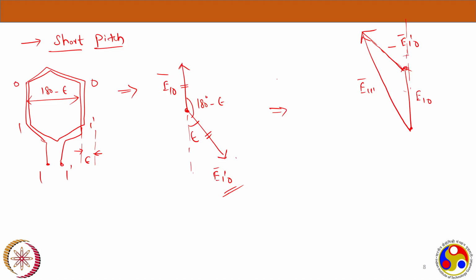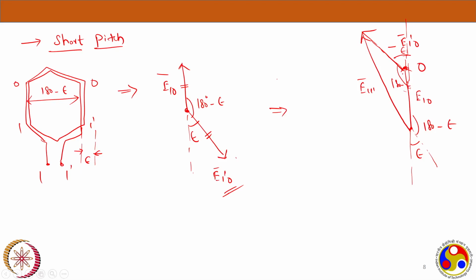So this is the point O, and this is 180 minus epsilon, and this is epsilon. So this will be epsilon, and this is 180 minus epsilon.